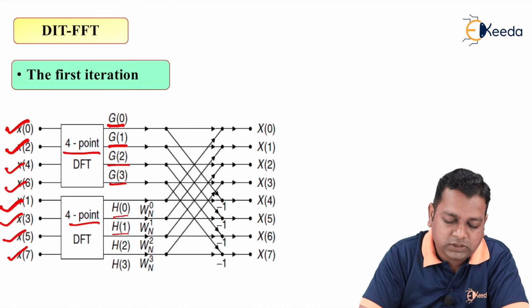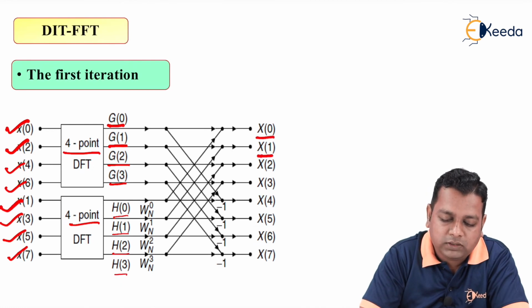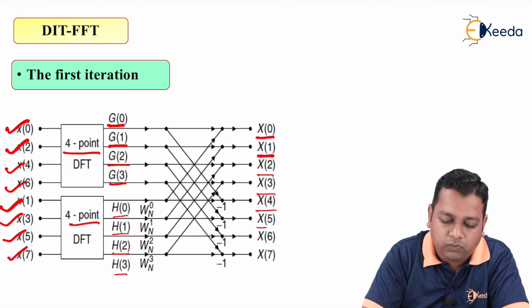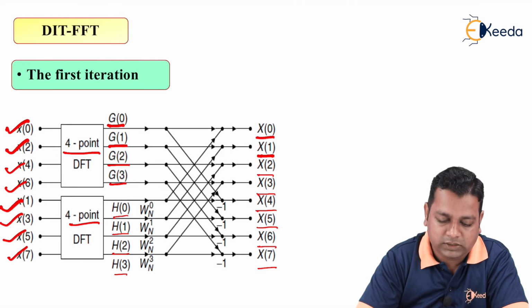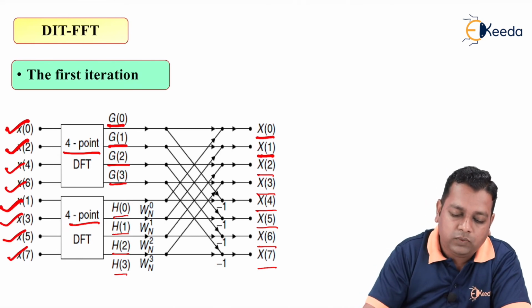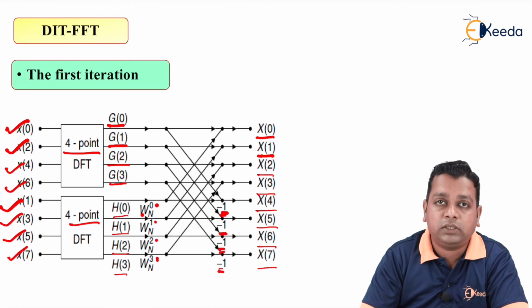Similarly, for the second half, we have capital H of 0, 1, 2 and 3. To obtain the resultant capital X of 0 to X of 7, we have the twiddles, capital W suffix N, powers 0, 1, 2, 3, and the multiplication by gain of minus 1. So this is the first iteration.